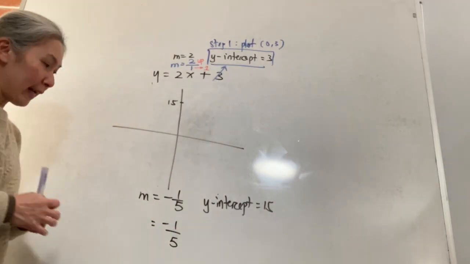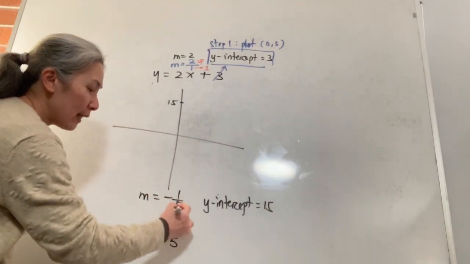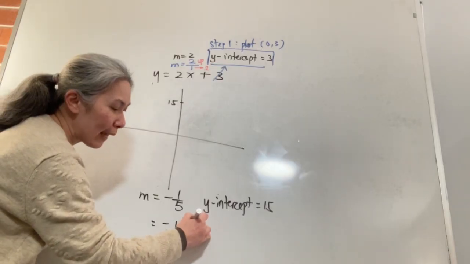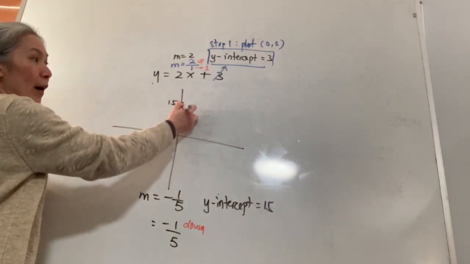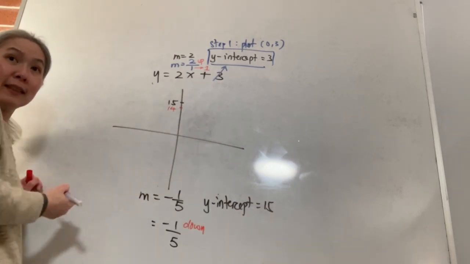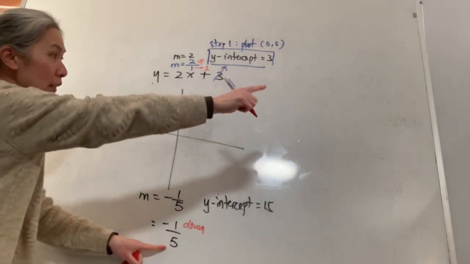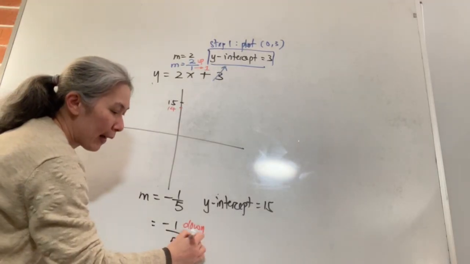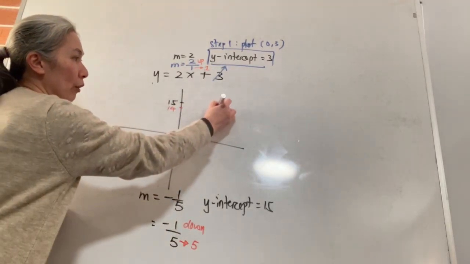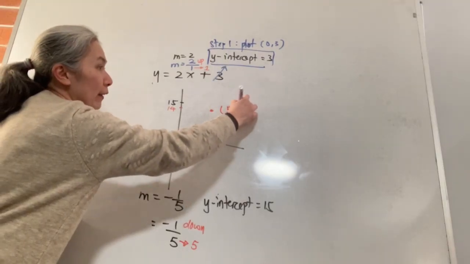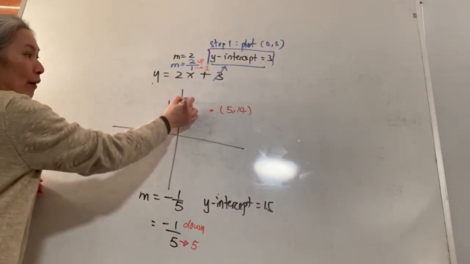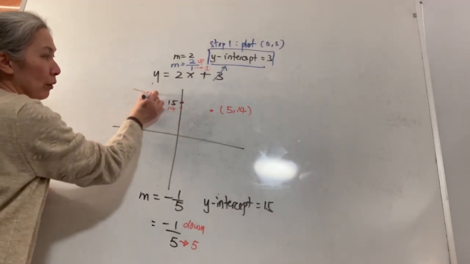Remember the rise over run? Instead of going up, now you go down by 1 because it's negative 1. So you go down by 1 and it becomes 14. And then you go across to the right by 5. So this coordinate is going to be (5, 14). And you have 2 points. You draw it up.